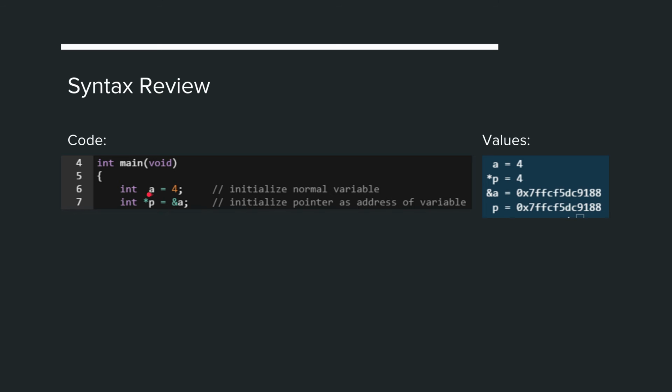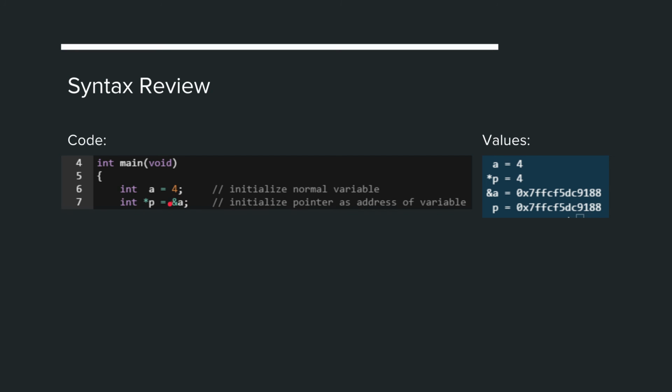That's how we're declaring our pointer, and we could have just done a semicolon and that would be our declaration. We can have int star p semicolon, and that's declared. But we also want to set a value for p. So what we're doing here is we're saying ampersand a, and ampersand is the memory address of a.